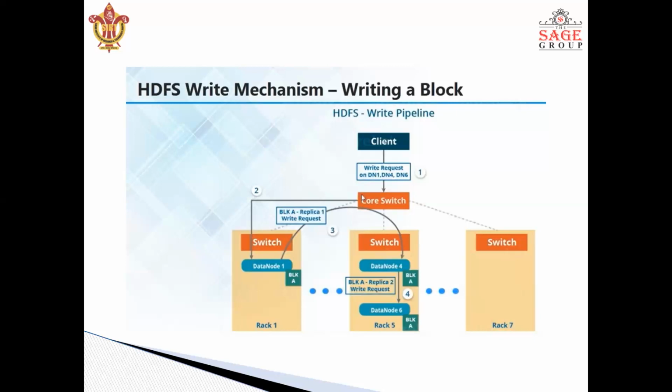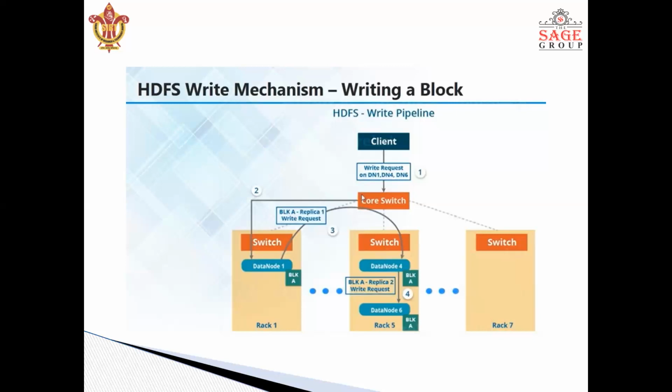Data node number 4 will then copy block A and pass the message on to data node number 6. Similarly, data node number 6 will also copy block A, and now we have got the 3 copies, available all the time on the 3 data nodes, data node number 1, 4 and 6, just as we require. So this is how the writing takes place.